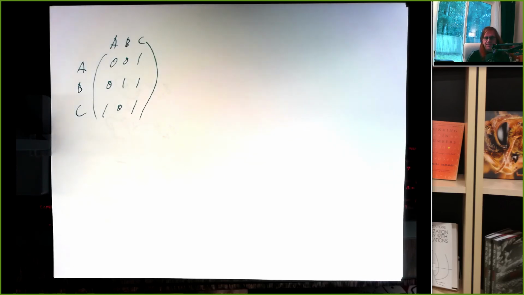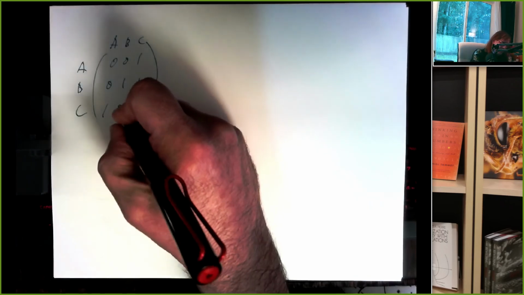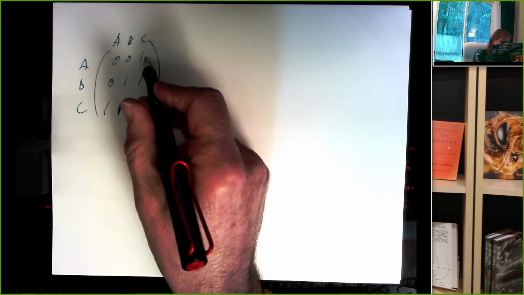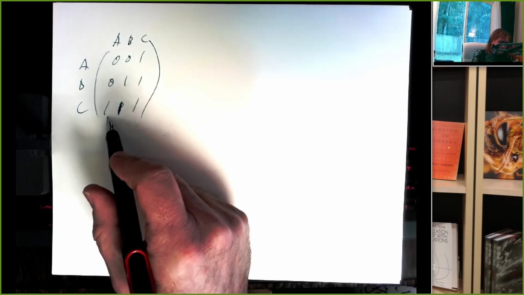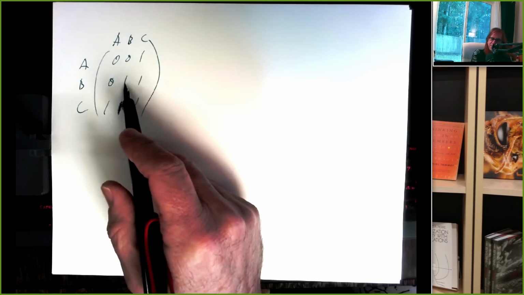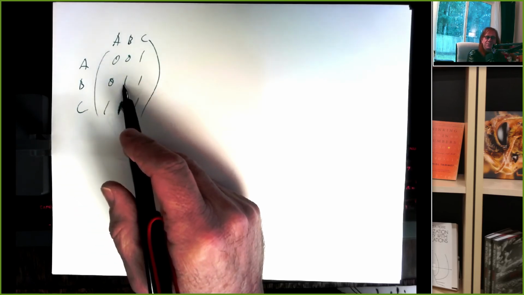And I have connections among different computers, and maybe I want to store information about which computers are directly connected to which other computers. So if I had this matrix, it would mean that A and C were connected to each other, but A had no direct connection to B. B was directly connected to C and also had a connection to itself, whatever that means.